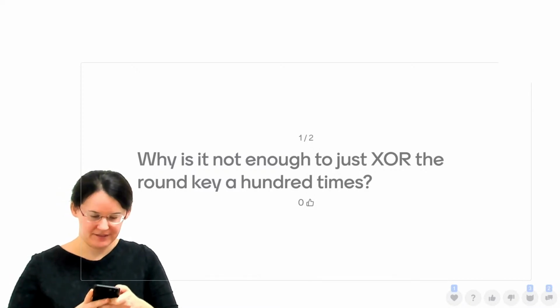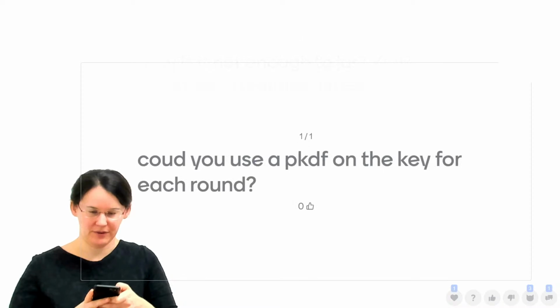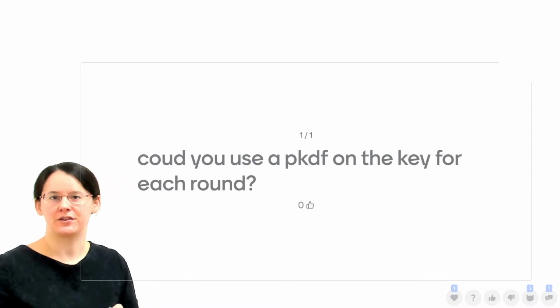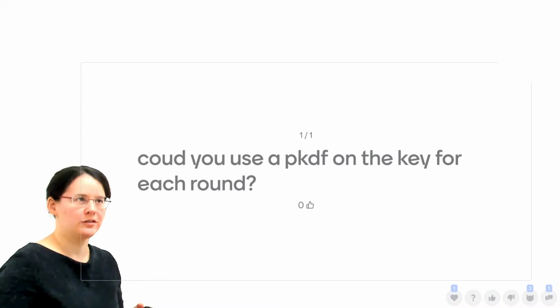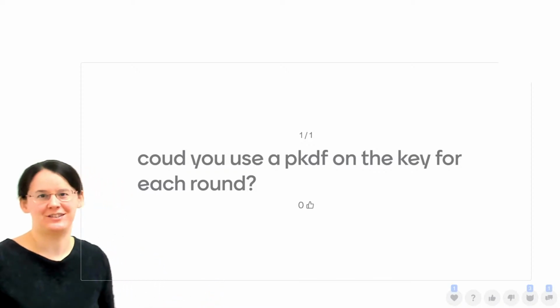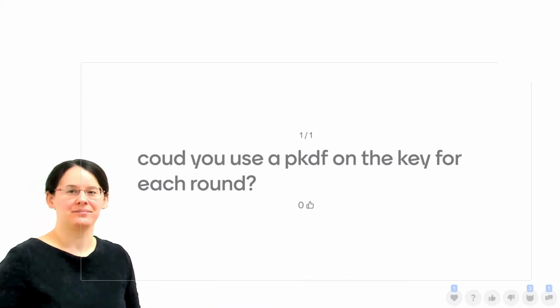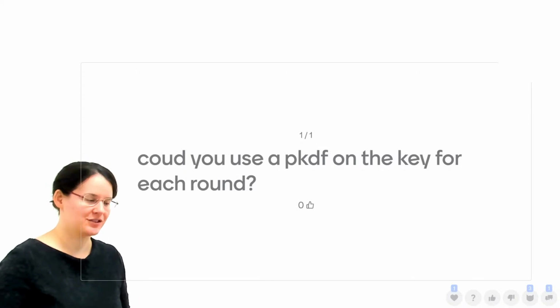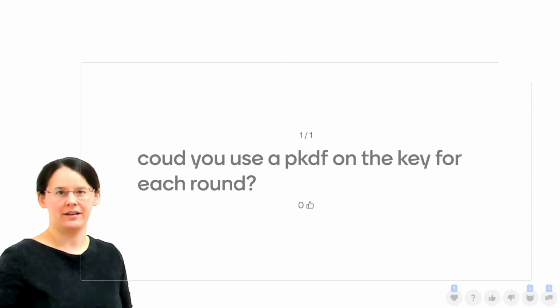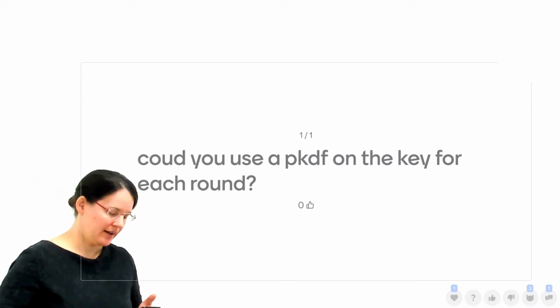Okay, let's look at the last one. Could you use a password-based key derivation function on the key for each round? You could, but it's like throwing cannons at sparrows, so it's totally overdoing it. Usually the round key functions are really simple, because we want the whole thing to be efficient.